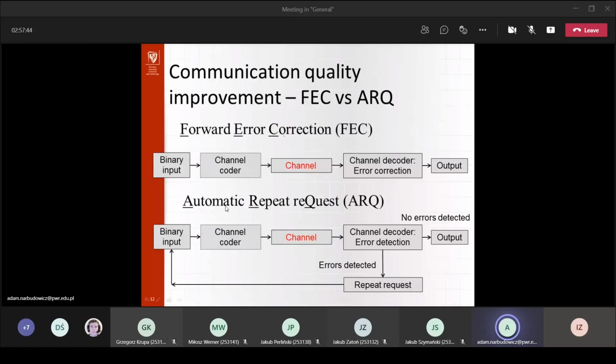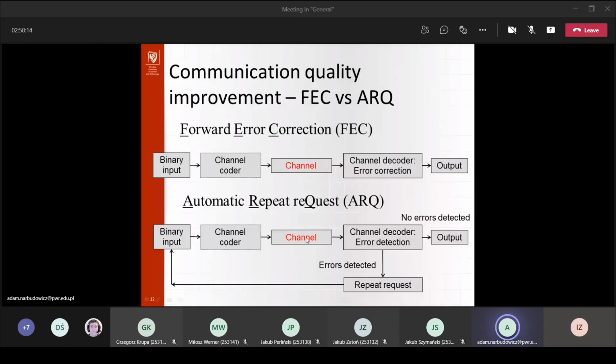And in this case, your channel coder, of course, embeds more redundancy into the code. The communication moves through the channel, and then the channel decoder performs error correction. And this is what's called forward error correction, simply because you're trying to, in advance, anticipate the type of errors that may appear in your channel and combat them with channel coding.